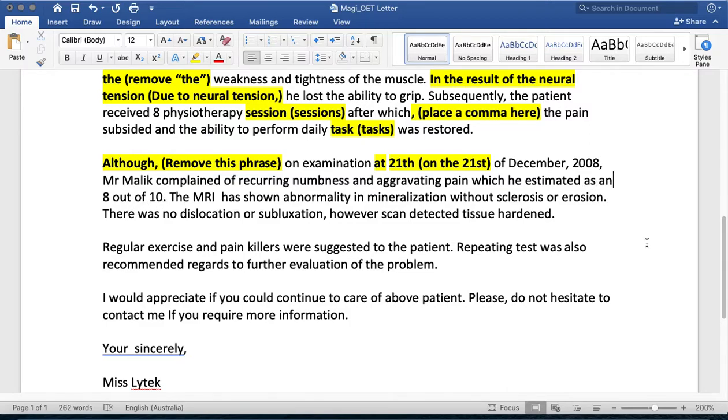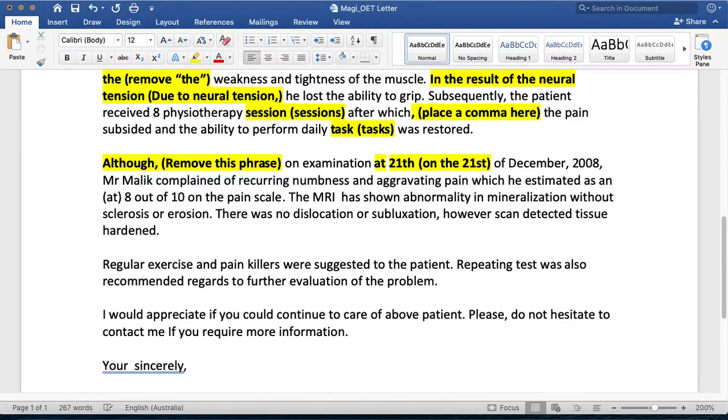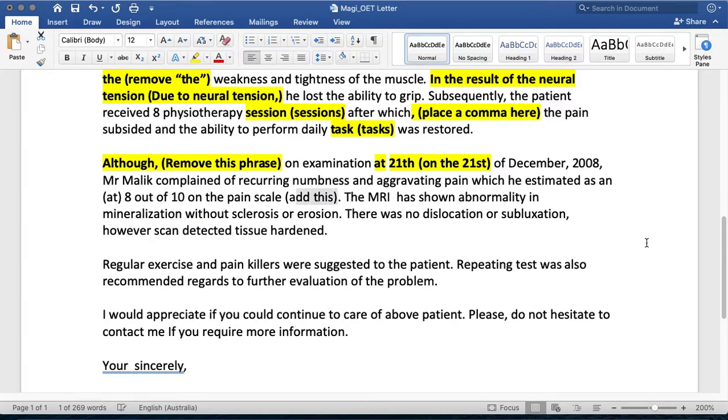It should be estimated at 8 out of 10 on the pain scale. So you need to add this phrase here, and then this one must be replaced with at. So estimated at 8 out of 10.